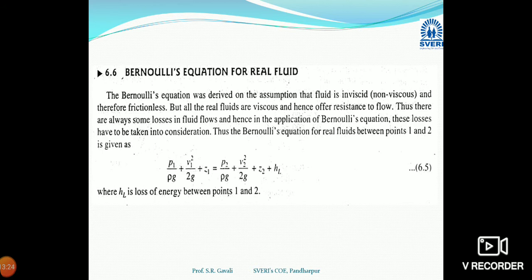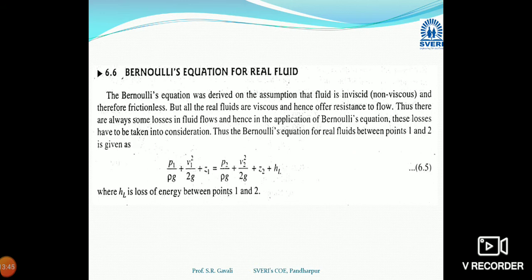Therefore, fluid is ideal, so there is no viscous force acting. Then friction we are neglecting. But in real cases, when the fluid is flowing through a pipe, through any cross section, then always there is a friction between flowing fluid and the surface, and therefore loss of energy takes place.